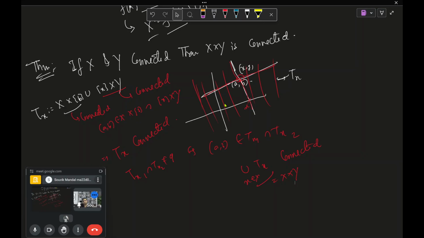We choose a point (a, b) in the X cross Y plane, and then we form T_x equal to X cross b union singleton x cross Y. Now X cross b is connected, singleton x cross Y is also connected, their intersection is non-empty. So T_x is connected. Now if we vary x throughout capital X, then the union gives X cross Y, right?